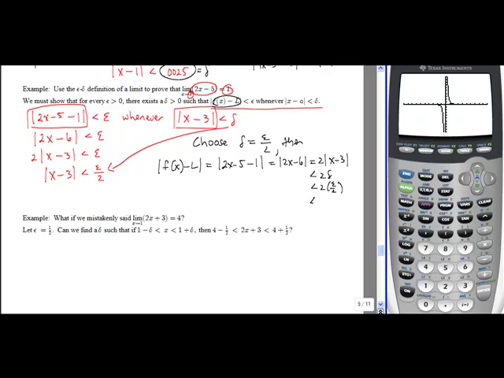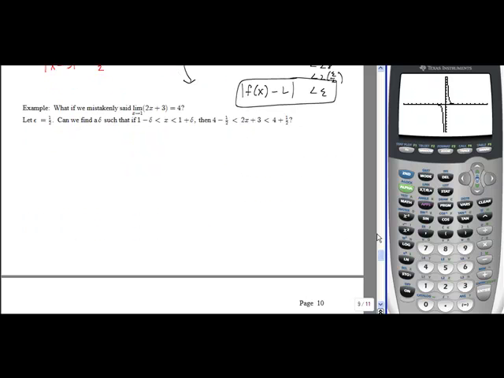The 2's cancel, telling me that this piece right here, this f of x minus L in absolute value, is therefore going to always be less than epsilon if I choose my delta to be epsilon over 2. So we've just proven it. If we choose delta to be epsilon over 2, then f of x minus L will always be within epsilon.